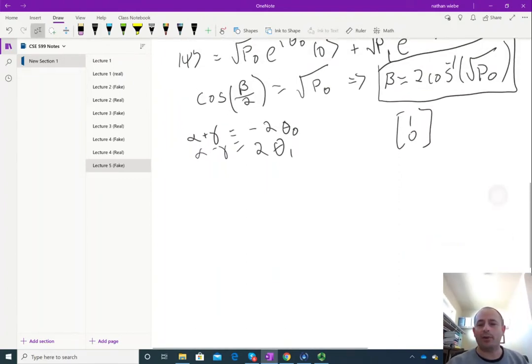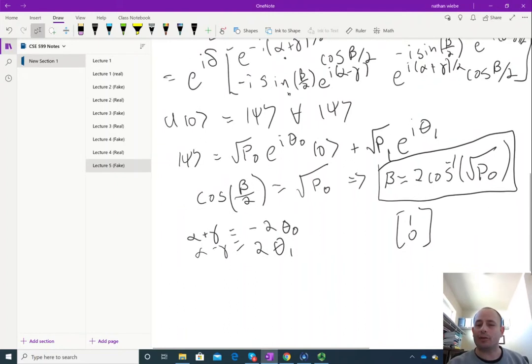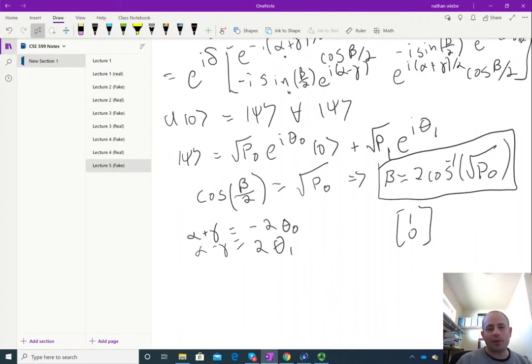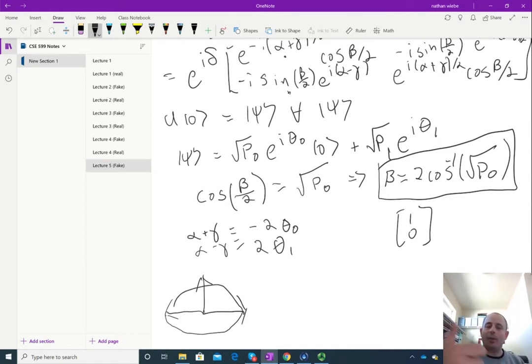Now, what about the other vector? Because this is a two-dimensional space, right? But a two-dimensional space, you'll have to recall, is always spanned by two vectors that are orthogonal. The only other vector that's orthogonal to this is that, or equivalently, up to a global phase, we can envision rotating about this axis, and every other rotation of this vector is equivalently orthogonal.